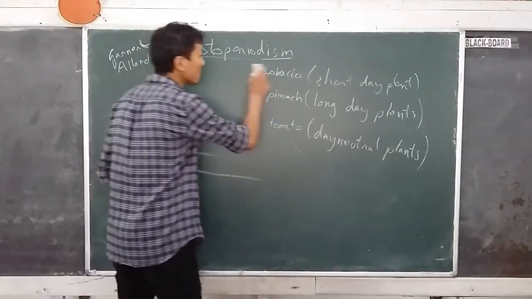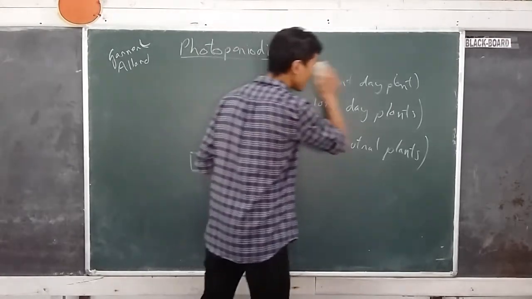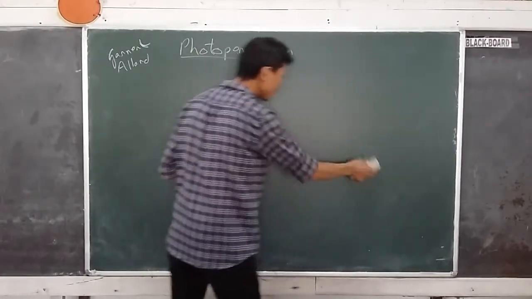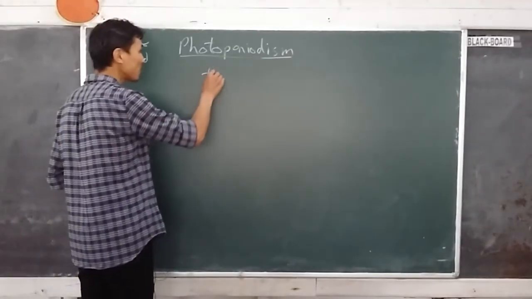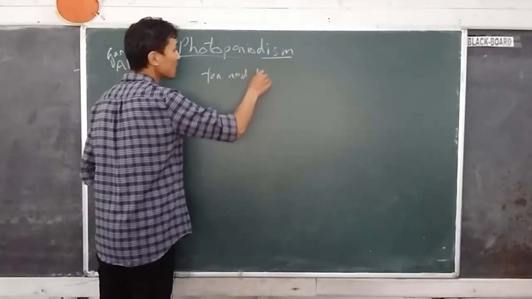So how photoperiodism is able to produce flowers is due to phytochrome, and phytochrome is generally active in the far red light.